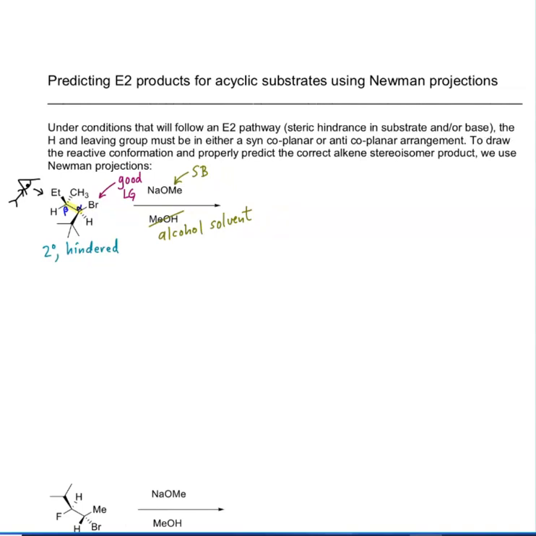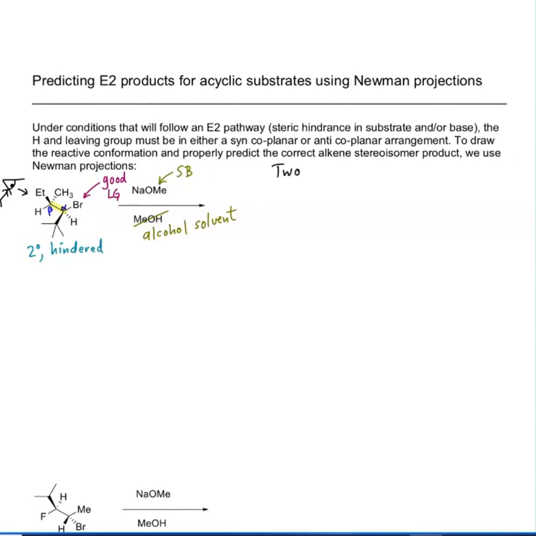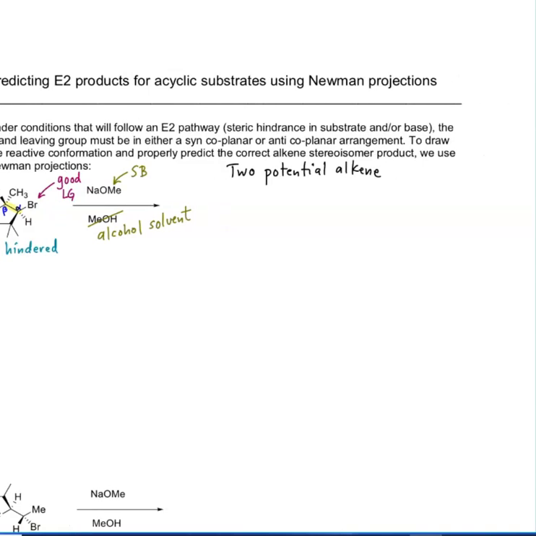When that becomes a double bond, potentially there are two alkenes that could form. So one of these two is going to be the actual product. So let me draw those out. So it's either going to be this one on the left or this guy over here.